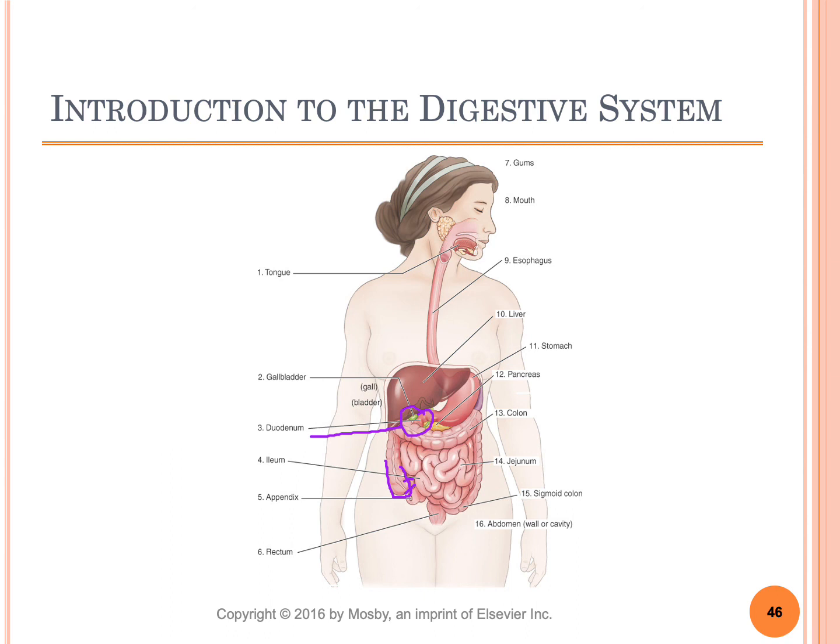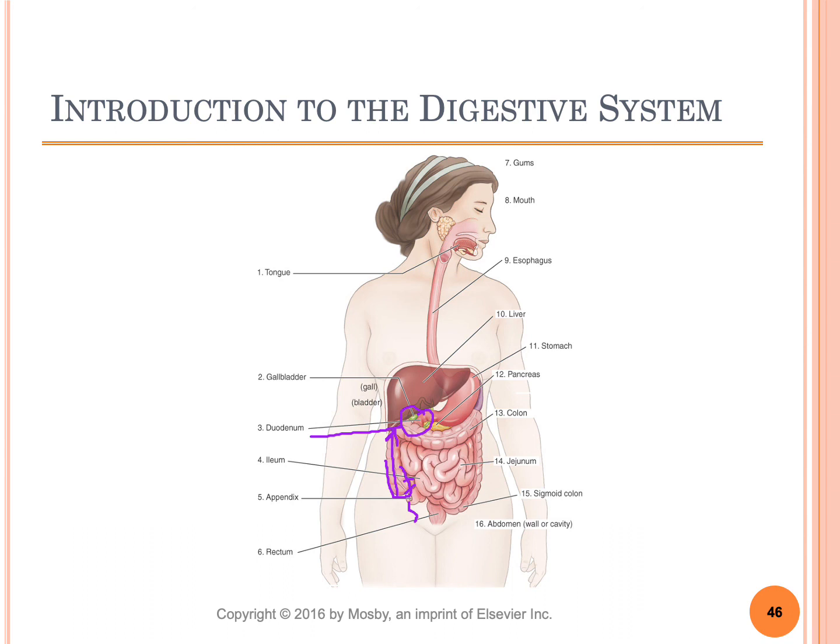The small intestine hooks into the large intestine at this little blind pouch called the cecum. This portion of the colon is also referred to as the ascending colon, because it goes up the right side of the body. The appendix is also attached to the cecum. It's this little worm coming off, right?